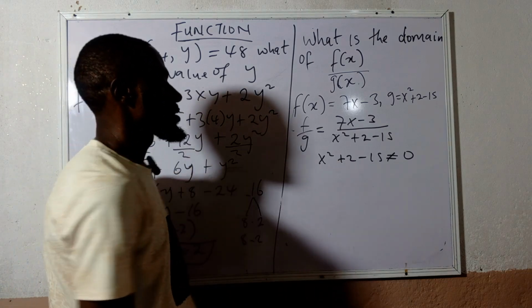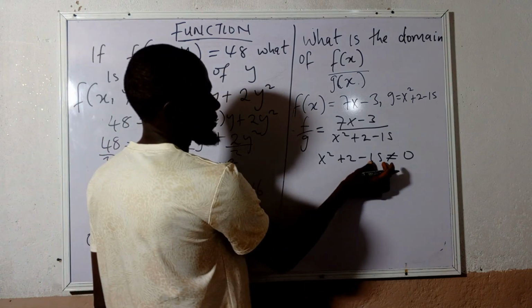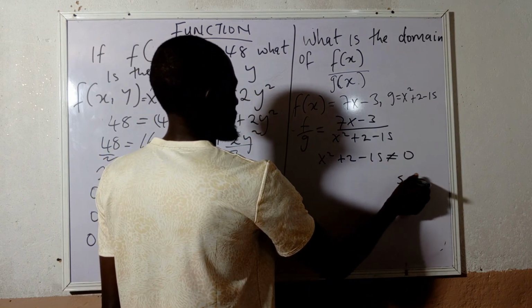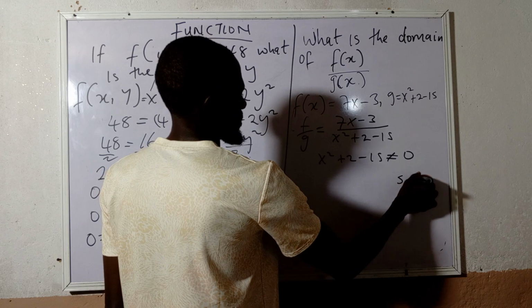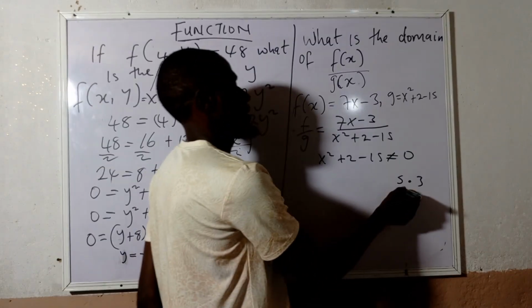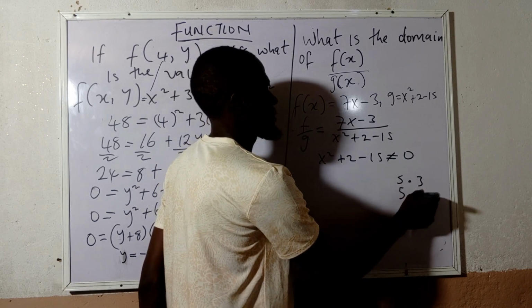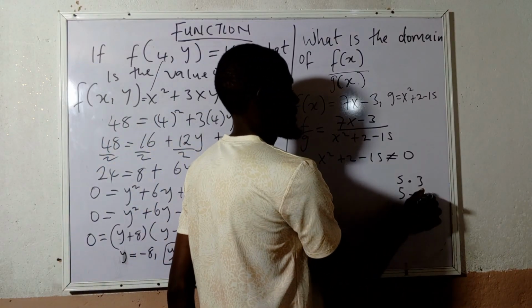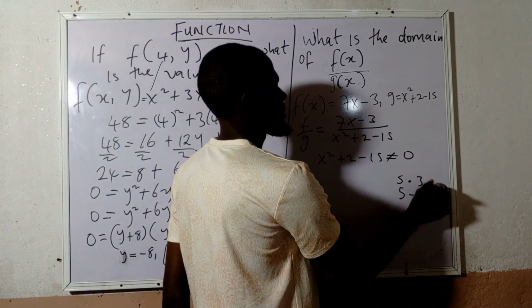By factorizing this, the factors of 15 are 5 and 3. This is 5 times 3 is equal to 15. This is 5 minus 3 is equal to 2.